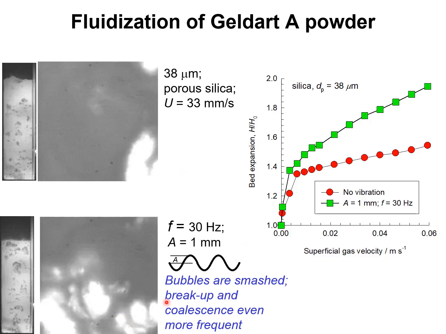We now investigate the influence of vibrations on gas-solid fluidization. We consider a Geldart A powder, porous silica particles of 38 micrometers, and let's look at a column that is operated at a superficial gas velocity of 33 millimeters per second.